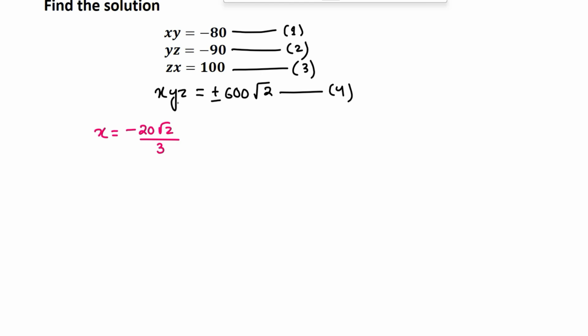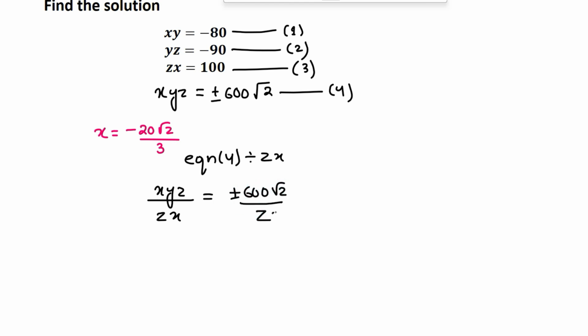Now I'll find the value of y using the same process, that is dividing equation 4 by zx. So xyz divided by zx equals plus or minus 600 root 2 divided by zx.